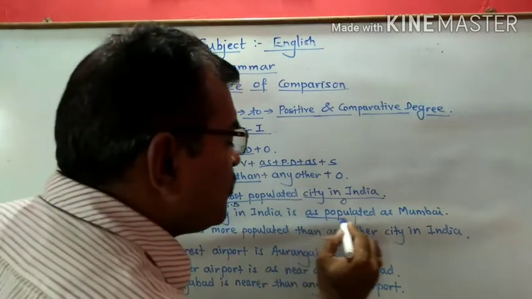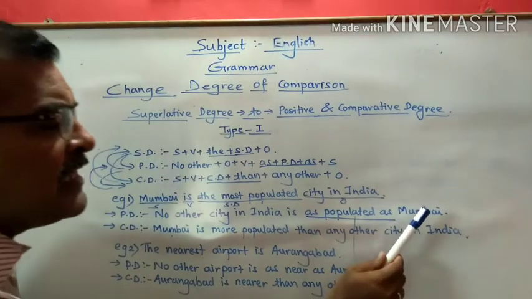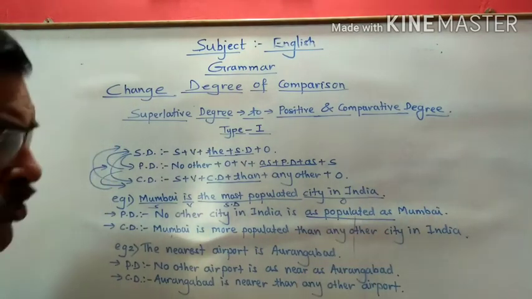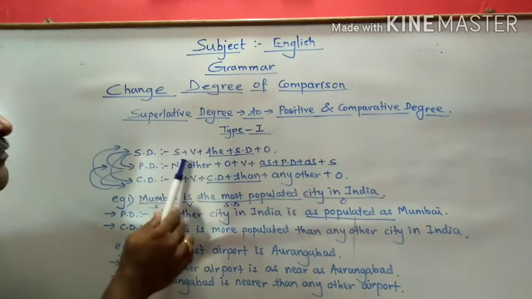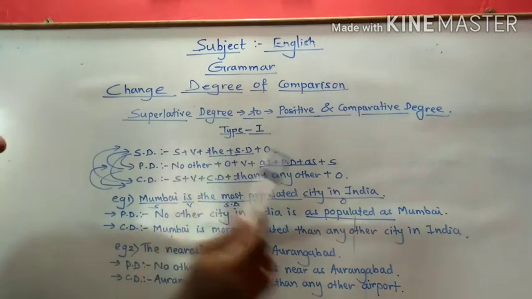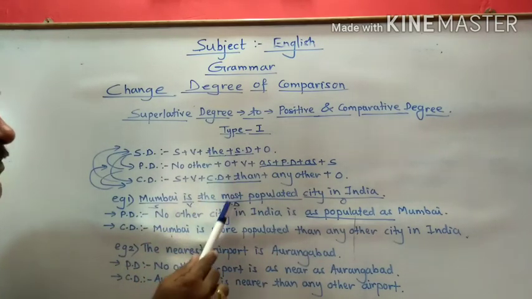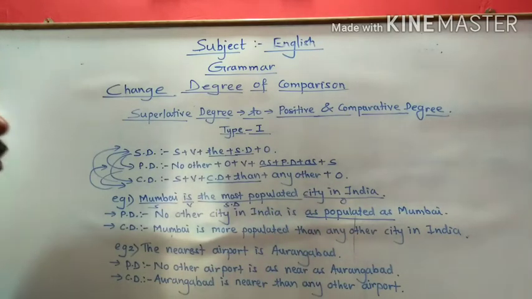This is the positive degree, and at the end we are going to take the subject. If you see the construction, this sentence exactly matches it. So what is the positive degree of this sentence? No other city in India is as populated as Mumbai.